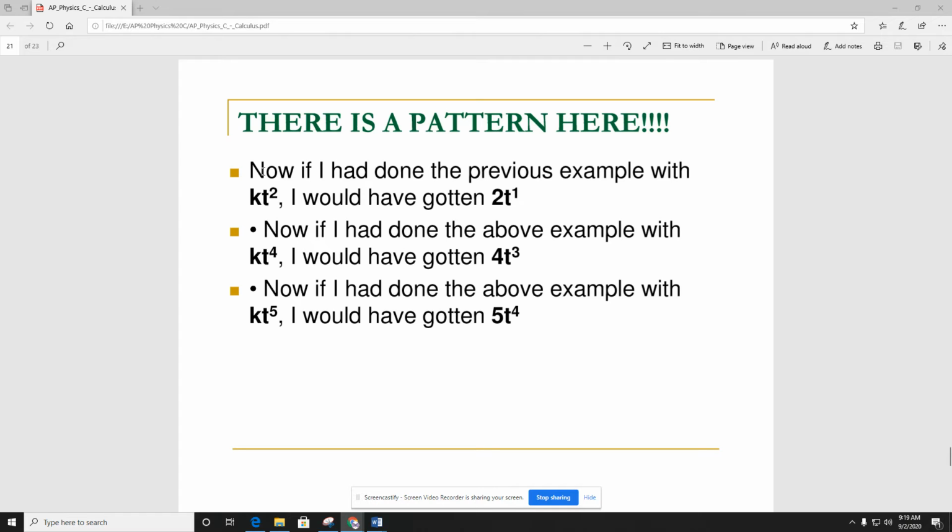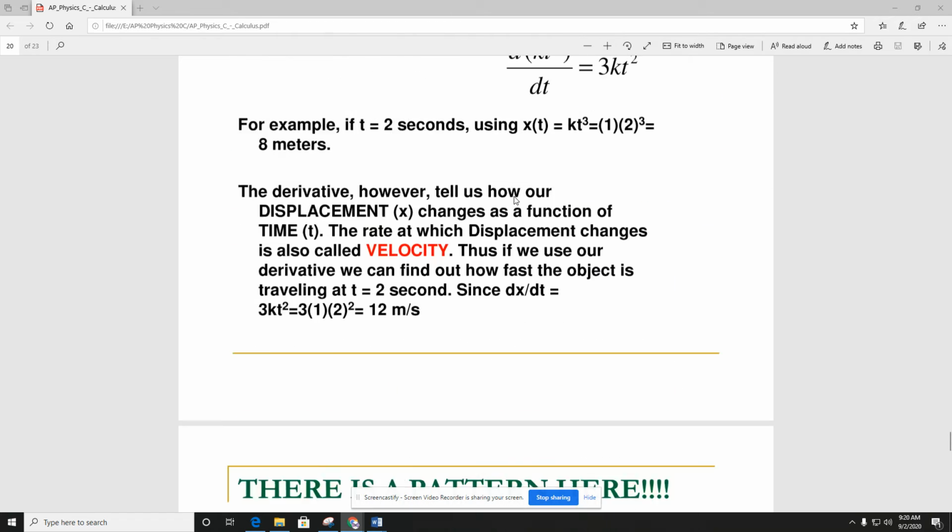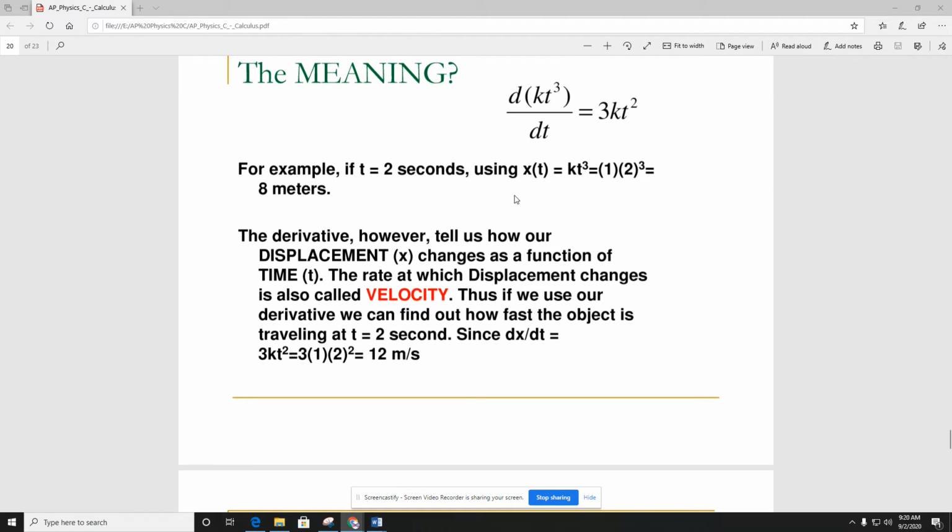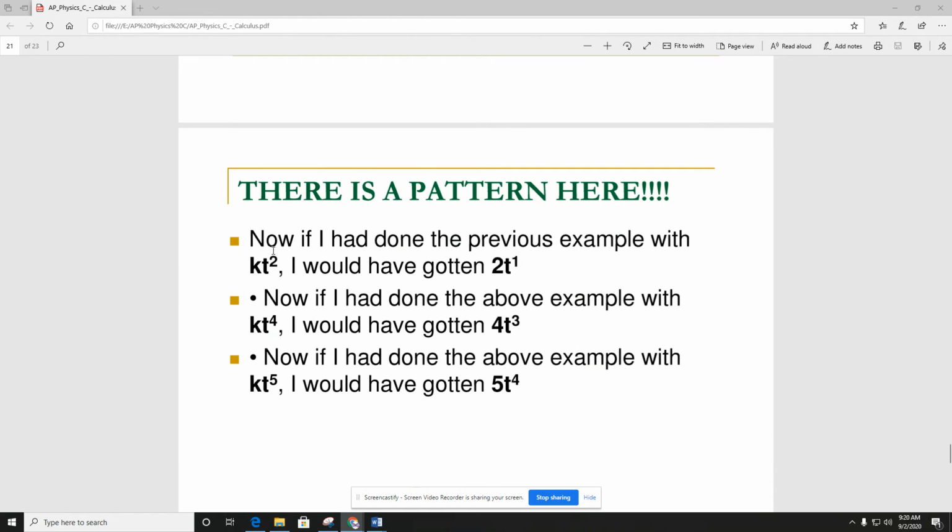So if we had done the previous example with kt squared, you basically take your exponent here, you multiply this whole quantity by that exponent, so 2 times k times t, okay? And then you subtract 1 from this power, okay? So you end up with 2t times 1, all right? K in this example is equal to a constant 1. That's where the k went here.